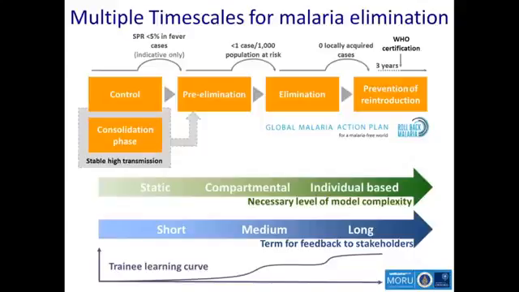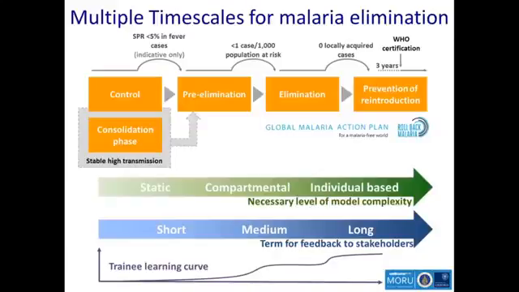That's where you use compartmental models, which are harder to write. They take a bit longer to write in order to feed back to the stakeholders. I've put this in because we're training people at the moment, and they represent a sharp increase in the learning curve for a trainee to get to this stage.